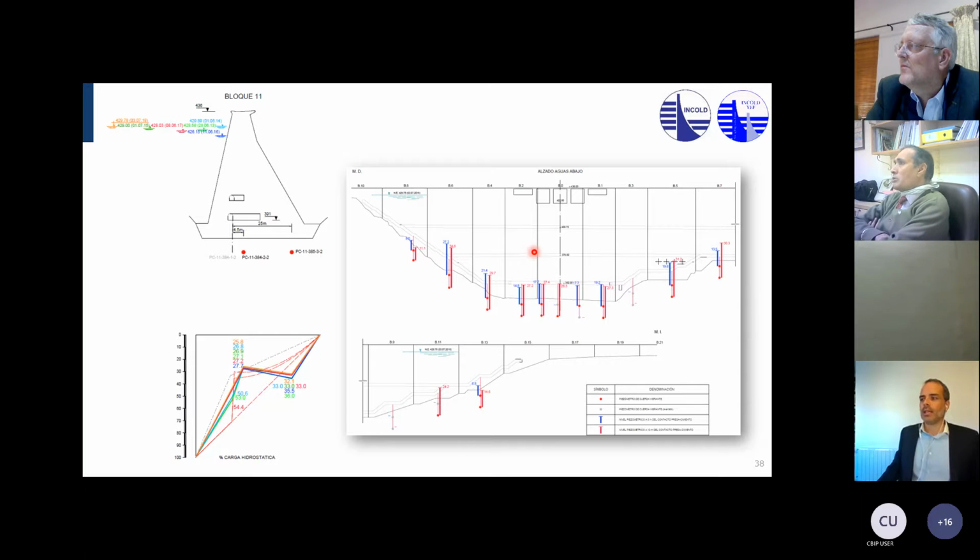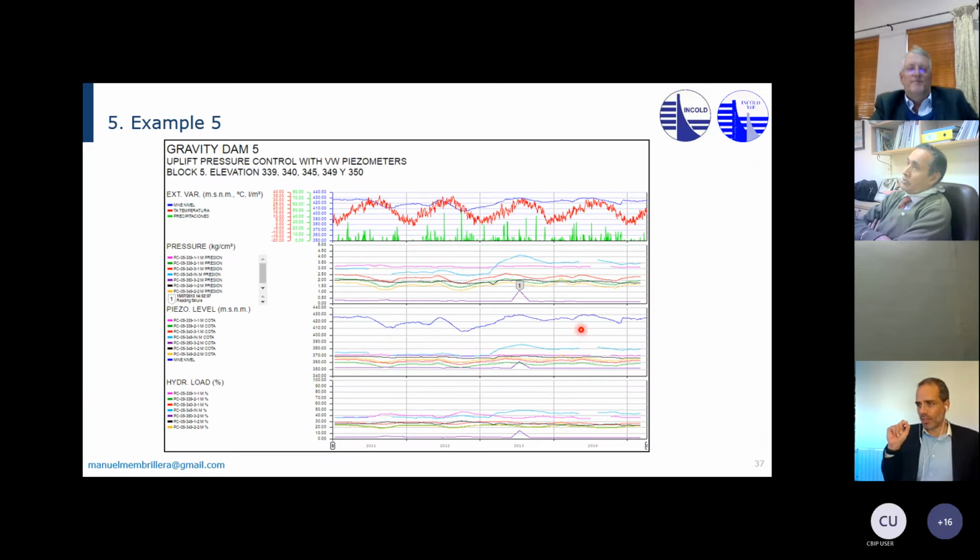And this is the downstream view of the dam, the blocks from downstream. This is the spillway. And if we represent the absolute piezometric levels of the piezometers, we are representing this. So this is the pool level, and this is the absolute piezometric levels of the piezometers.